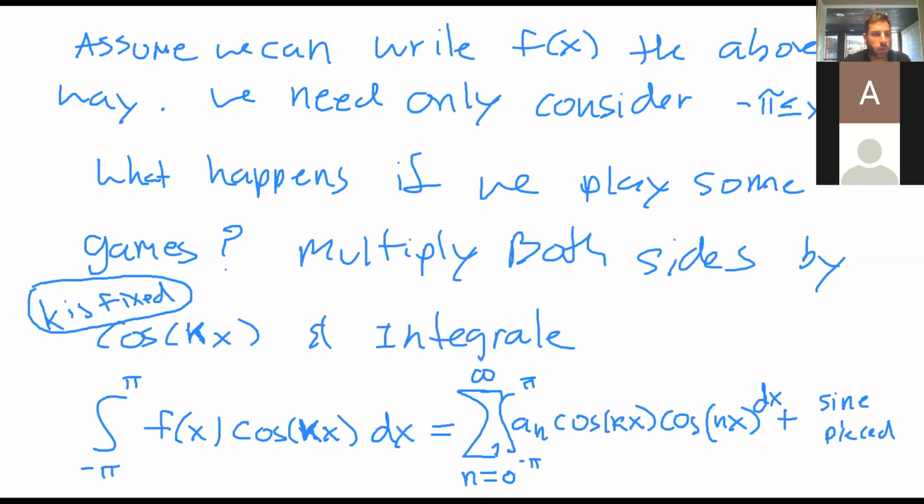So what I want to do is just look at what happens to this integral. We want to investigate this right here, and then we'll investigate the sine piece separately.